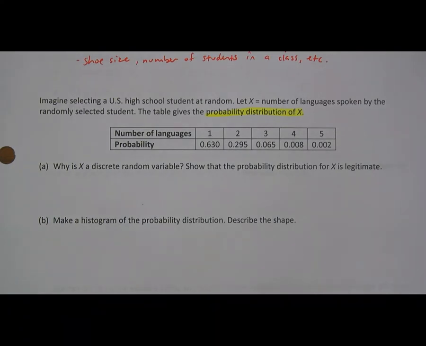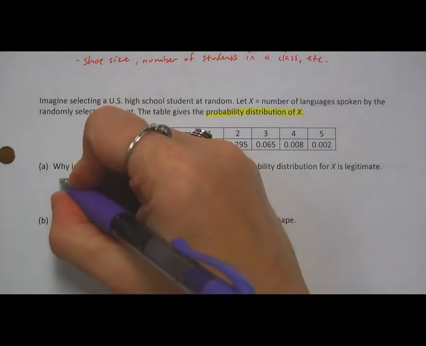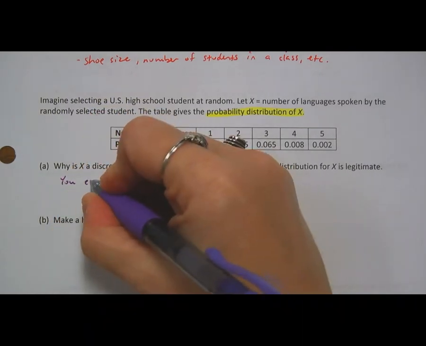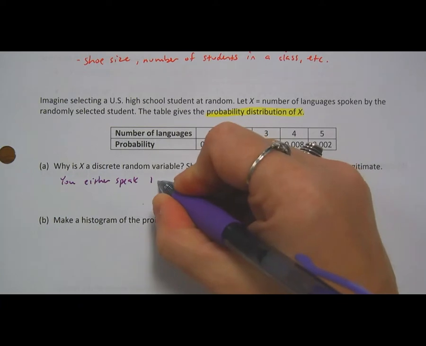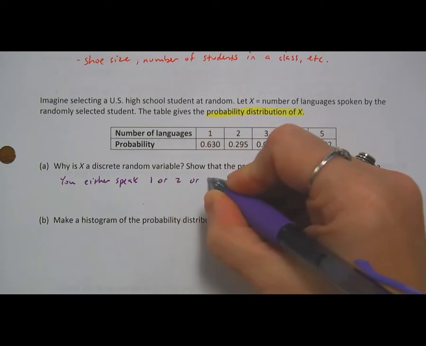Part A says, why is X a discrete random variable? And we're just going to write because you either speak 1 or 2 or 3, etc. languages.